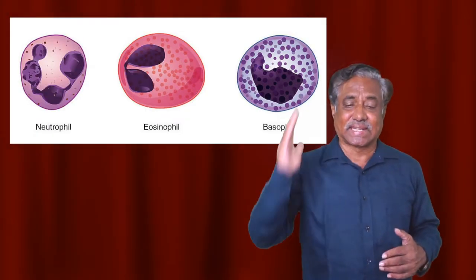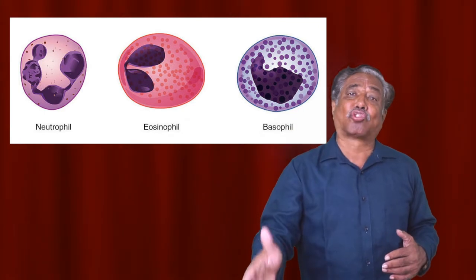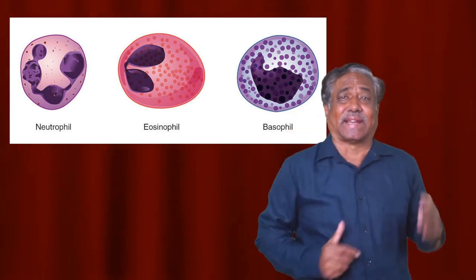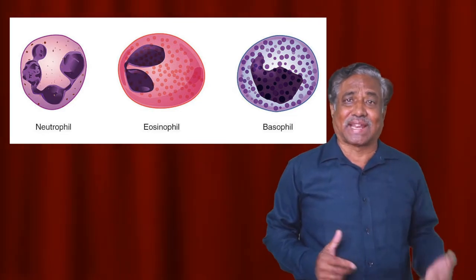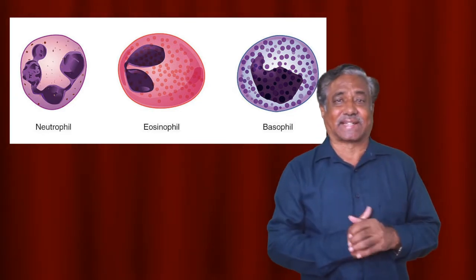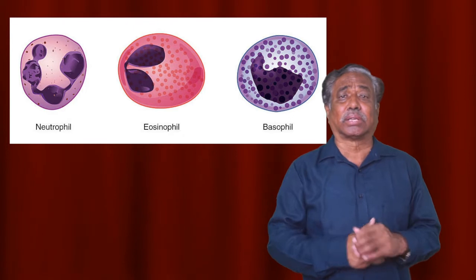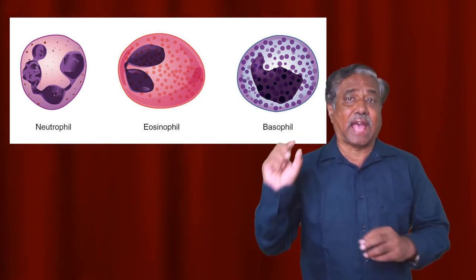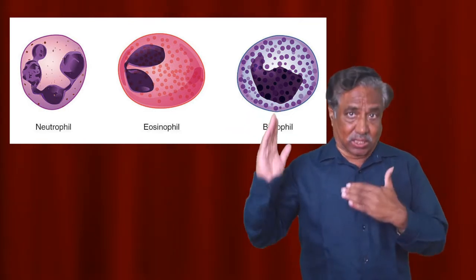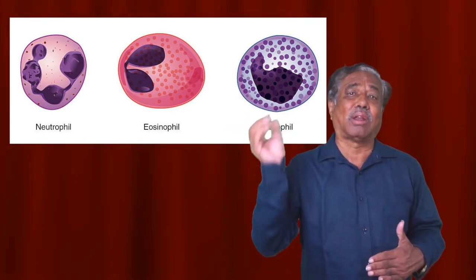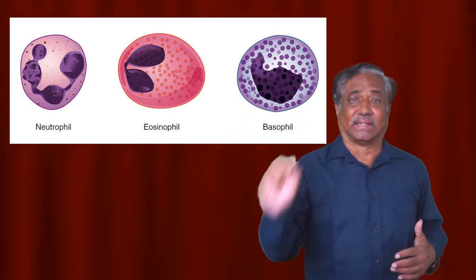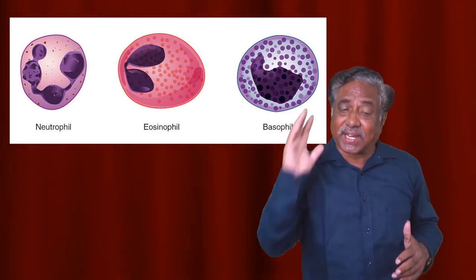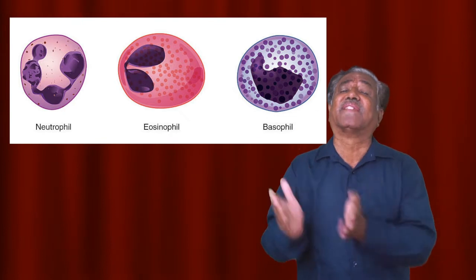Granulocytes are neutrophils, eosinophils, and basophils. And the agranulocytes are the lymphocytes and monocytes. And the neutrophils have a 3 to 5 lobed nucleus, and they have small, more number of granules, phagocytic in nature, and they account for 60 to 65%.